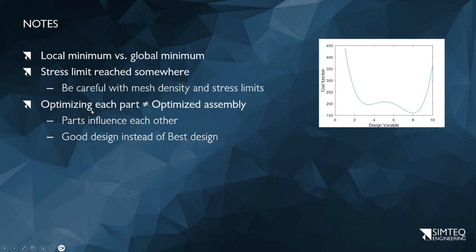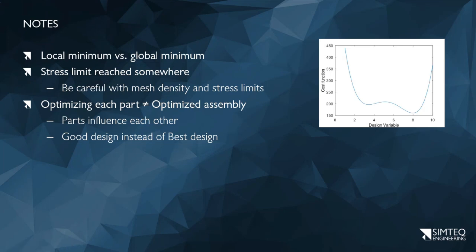And this is due to, if I change one part, the mass, in other words, the load that's transferred to another part differs, the stiffness differs, and so on. So the stress state of the second part changes as I optimize the one. Because the parts influence each other, optimizing each part doesn't result in an optimized system, in other words, optimized assembly.